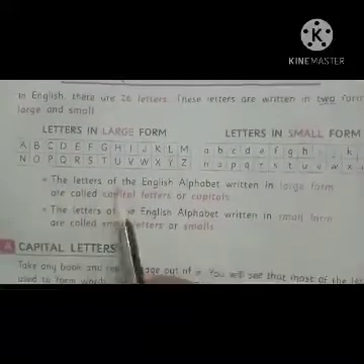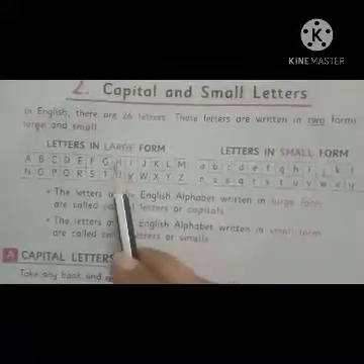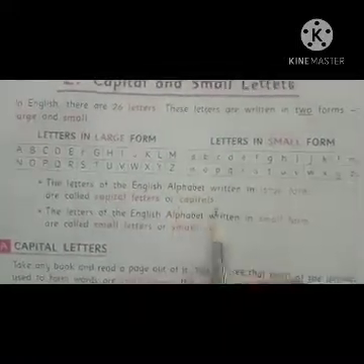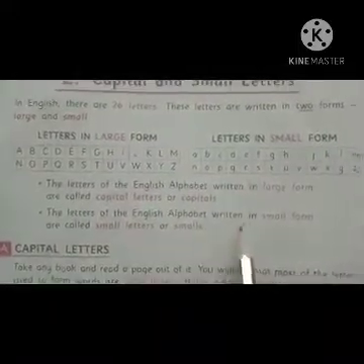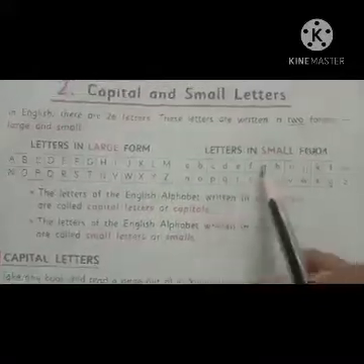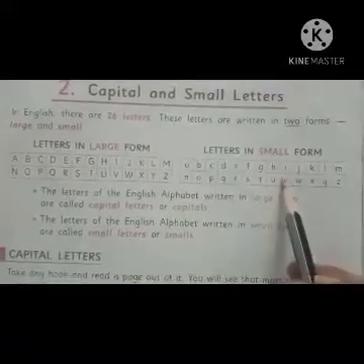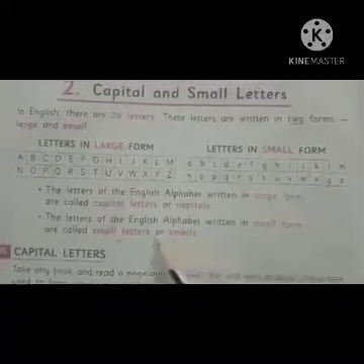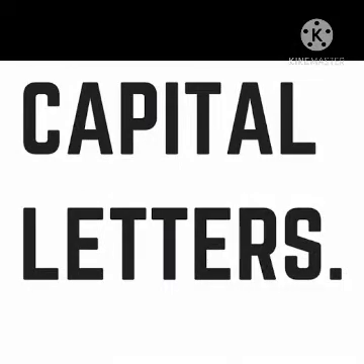Now, the letters of the English alphabet written in small form, what do we call them? We call them small letters or smalls. Now let us start with A-bit, capital letters.